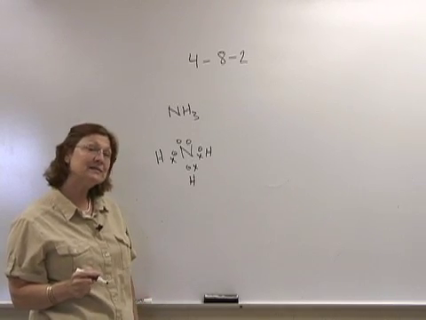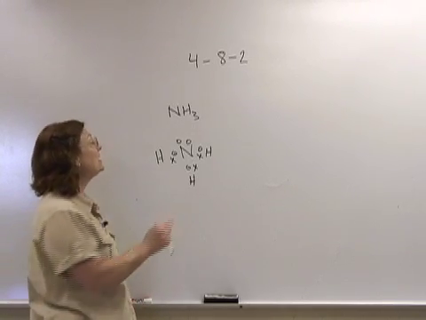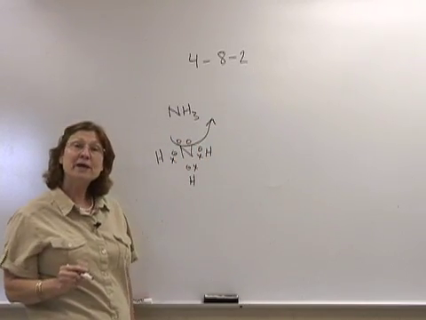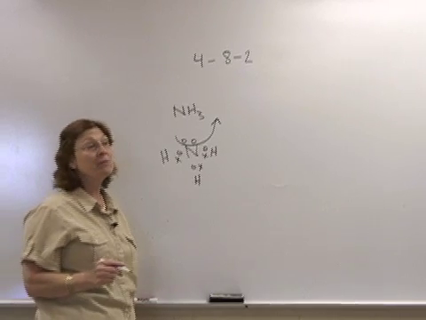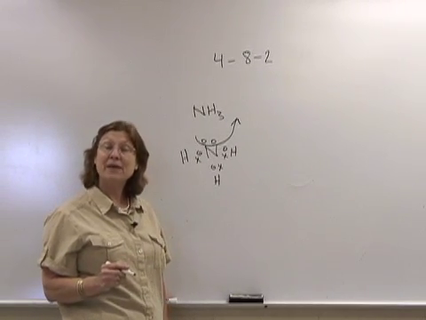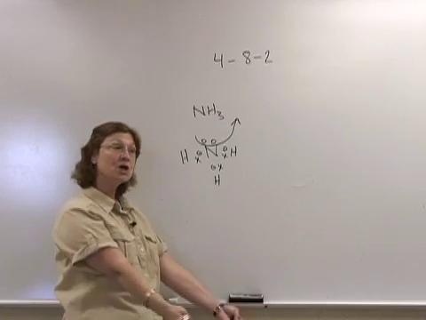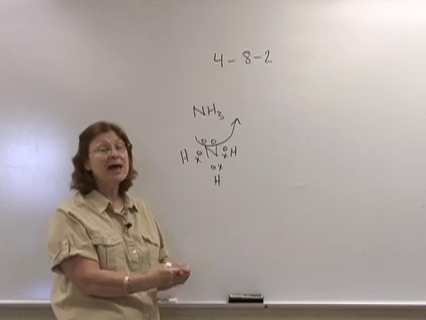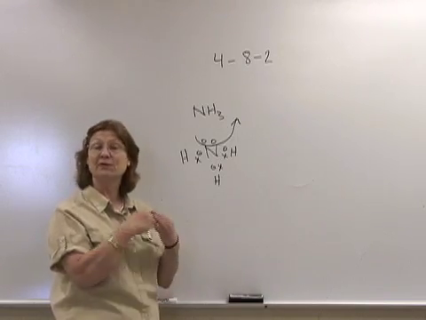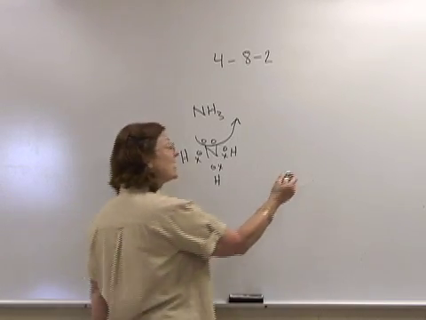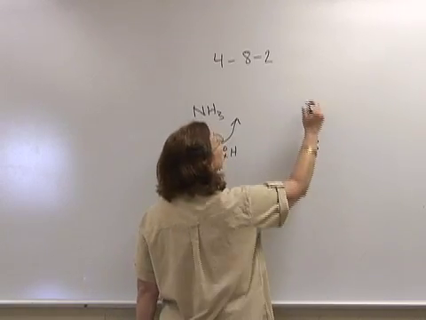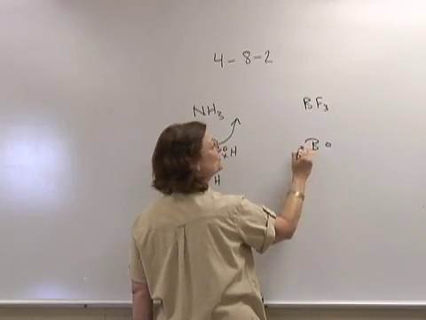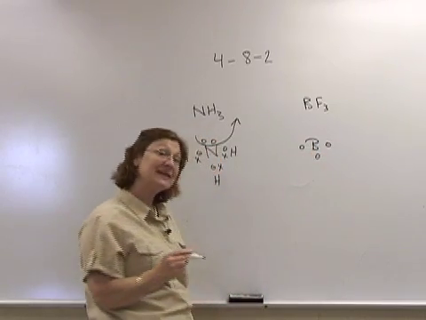Well, a Lewis base is an electron pair donor. Electron pair donor. And remember, a Bronsted-Lowry base was a proton acceptor. One thing we're talking about protons which are positive, and the other we're talking about electrons that are negative. Then I have boron trifluoride. Well, boron only has 3 dots, and it's happy with 6.